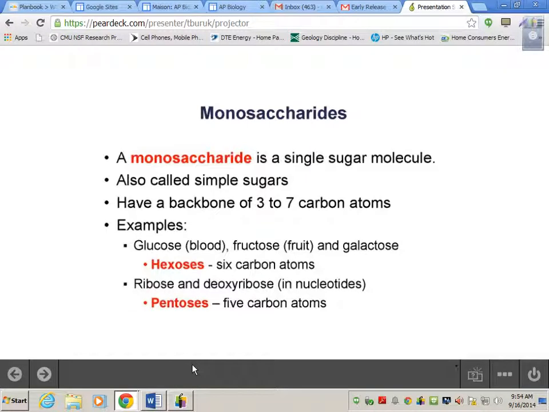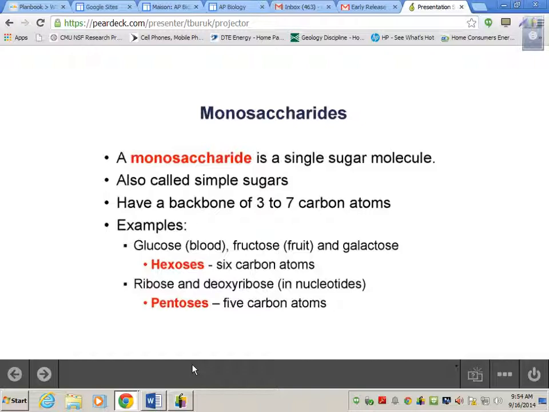What is a disaccharide that we see all the time? I heard sucrose, table sugar, right? Okay. What is table sugar? It's glucose and another one called, it's a little fruity, fructose. So looking at our monosaccharides, it's a single sugar molecule and also has simple sugars. If I ask you what a simple sugar is, you would say that's a mono or disaccharide.